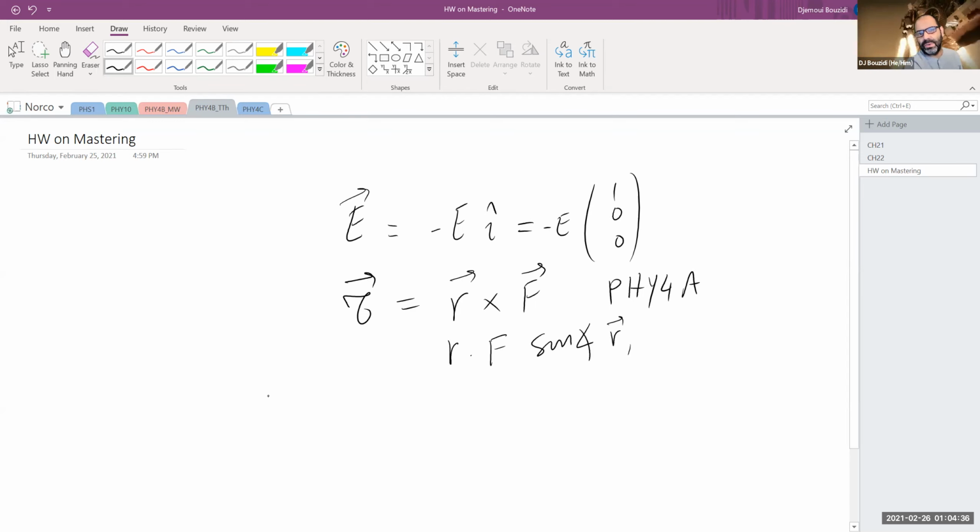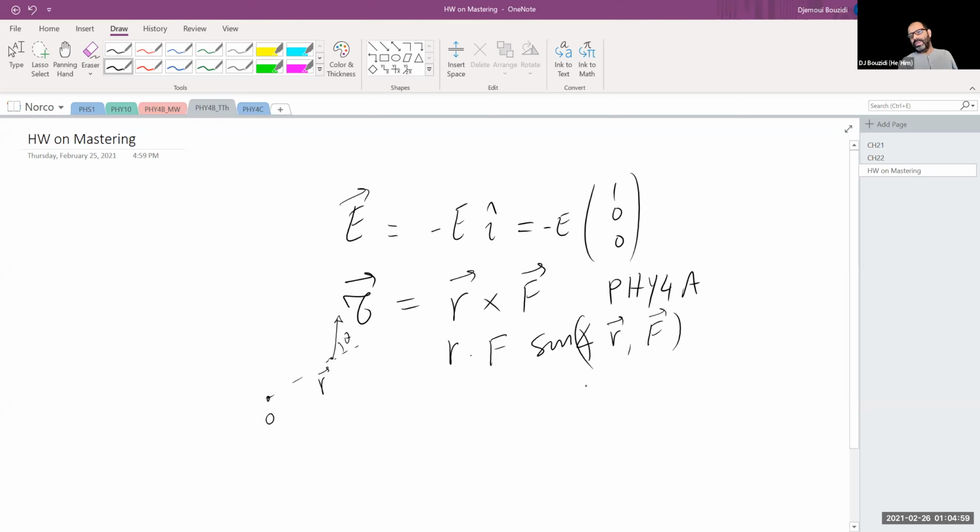So you have an origin somewhere and a force applied at this point. This is the R vector and there is a force F. If this is angle theta, the torque is the magnitude of R times F times sine of theta. In a nutshell, that is the notation for it.